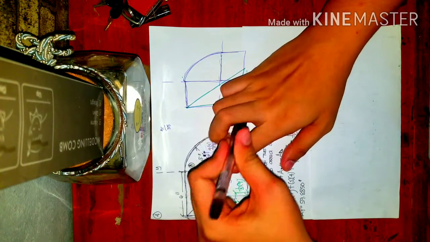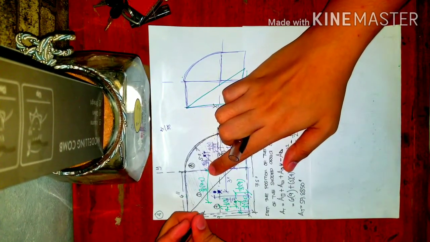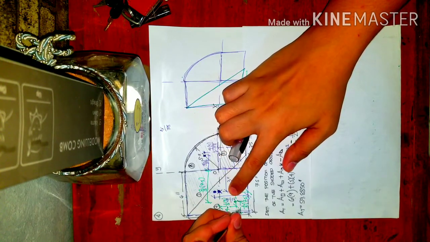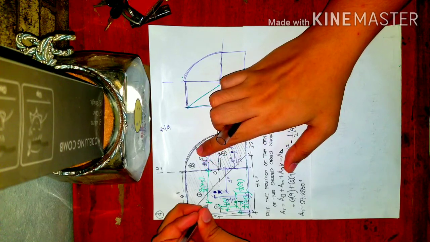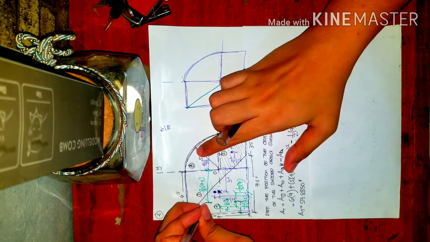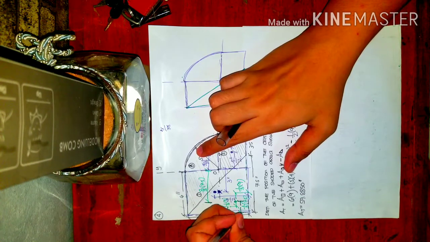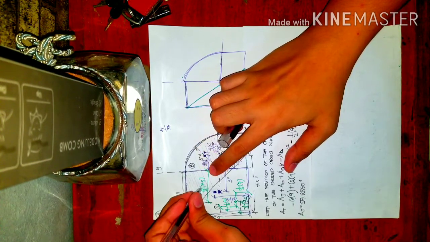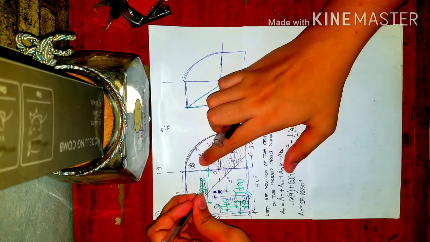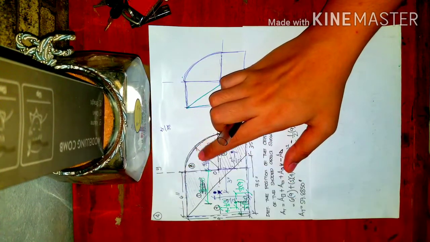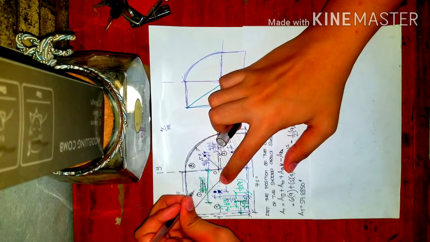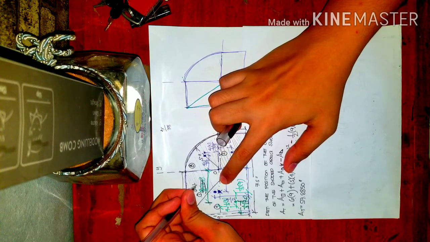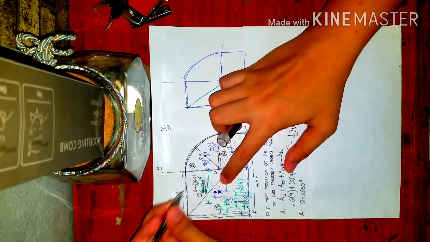So we need to consider pa rin na ito, coming from this point, this reference, that is still 1/3 ng 7.5. So itong distance na to, knowing this distance as 6, will become 6 minus 1/3 ng 7.5. Okay?